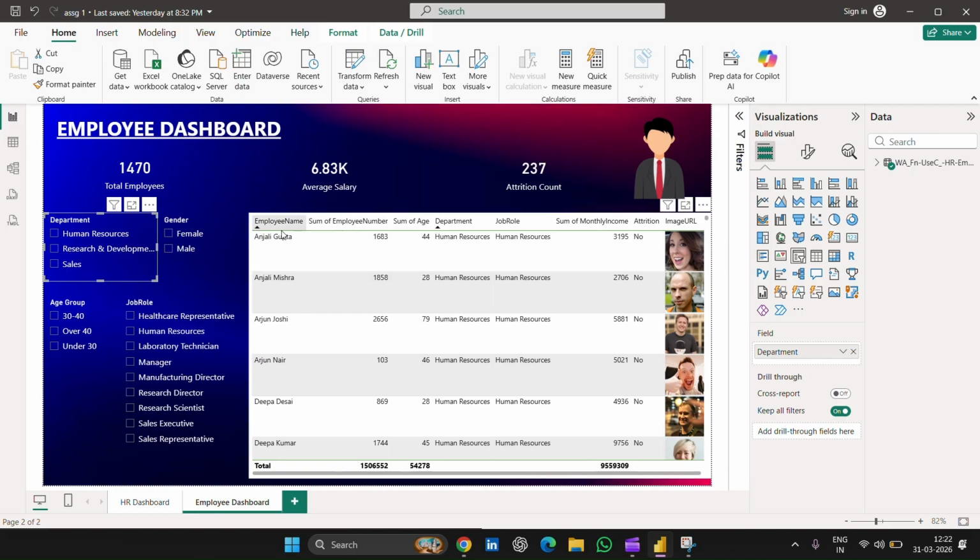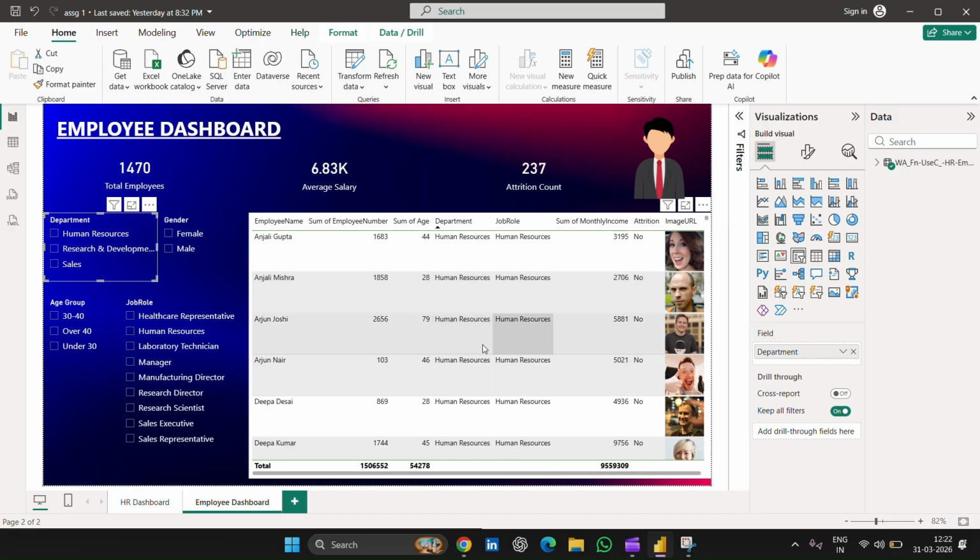And I have taken the employee table, which includes employee name, employee number, age, department, job role, their income, attrition rate, and also the images.